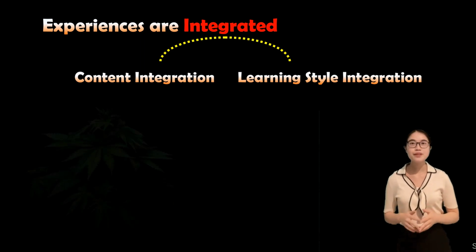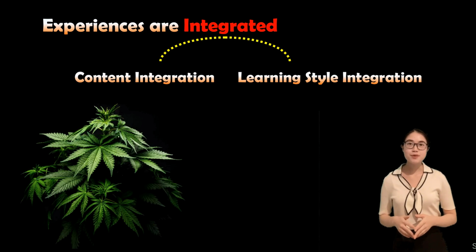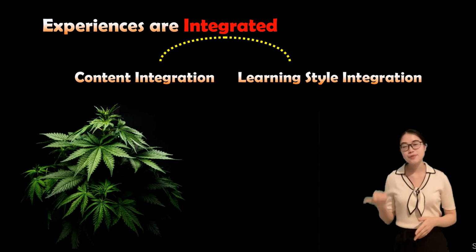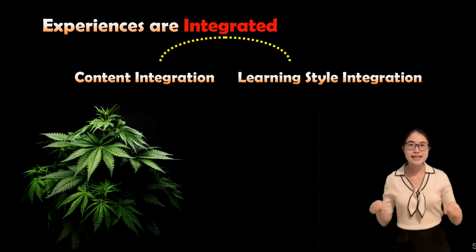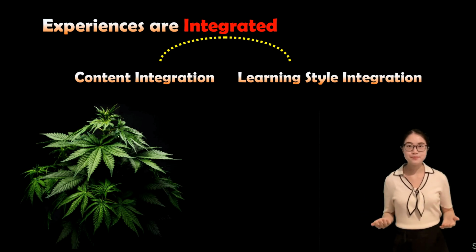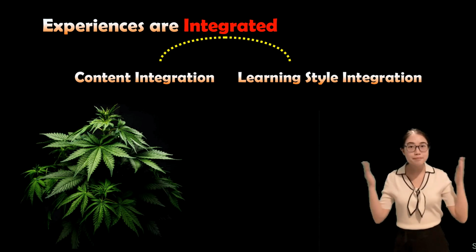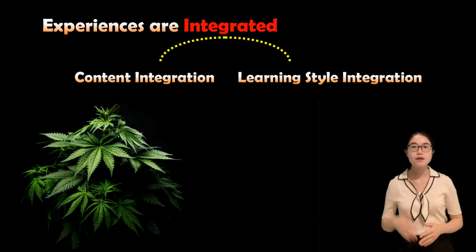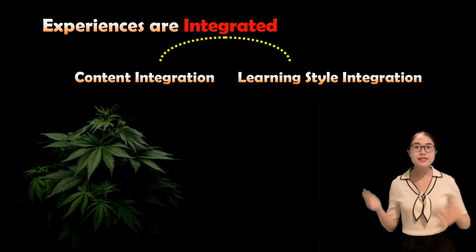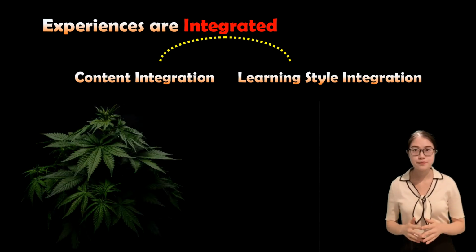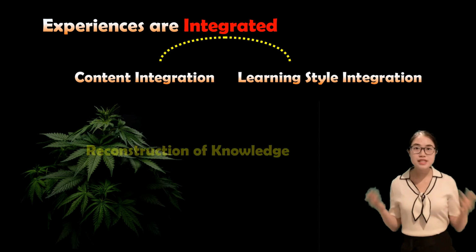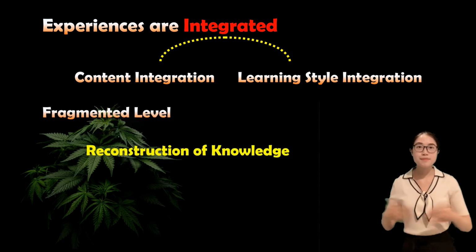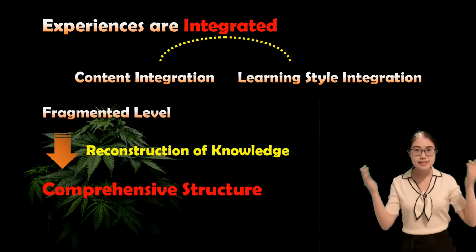For example, in biology, the metabolism of plants like transpiration, respiration, and photosynthesis are interconnected and influence each other. So it can be and should be in one big picture. Holistic learning is not a simple assembly of knowledge, but a process of deep reconstruction from a fragmented level to a more comprehensive structure.